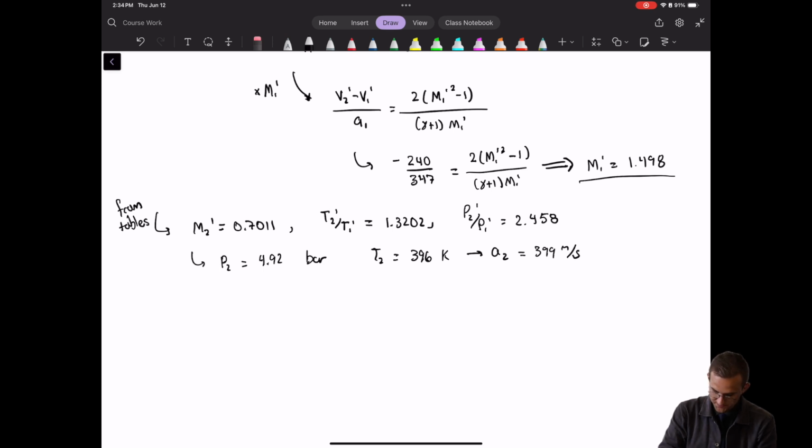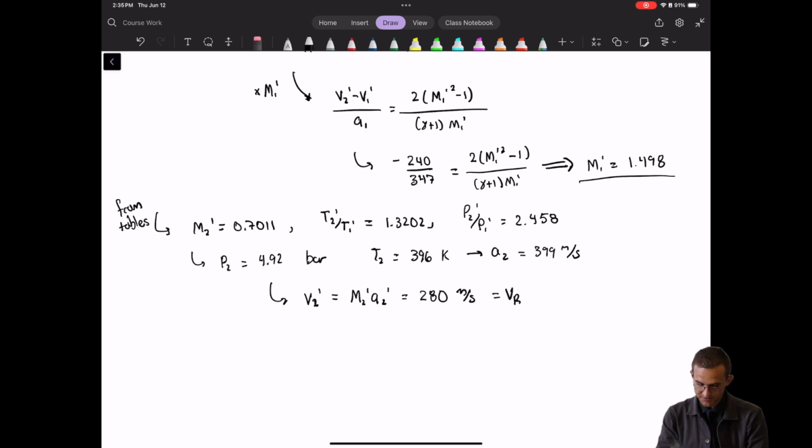And then, of course, V2 prime is equal to M2 prime times A2 prime, which is equal to 280 meters per second, which by definition is itself equal to VR.